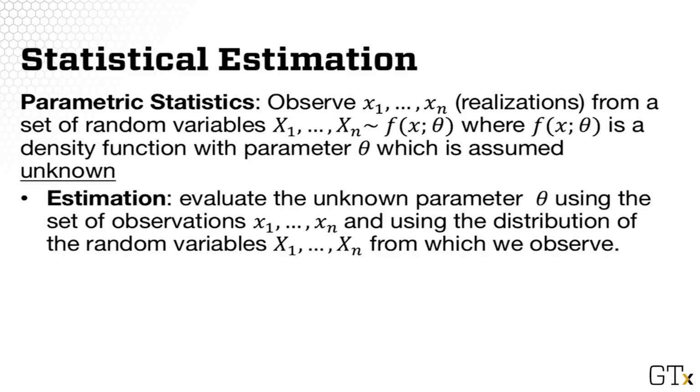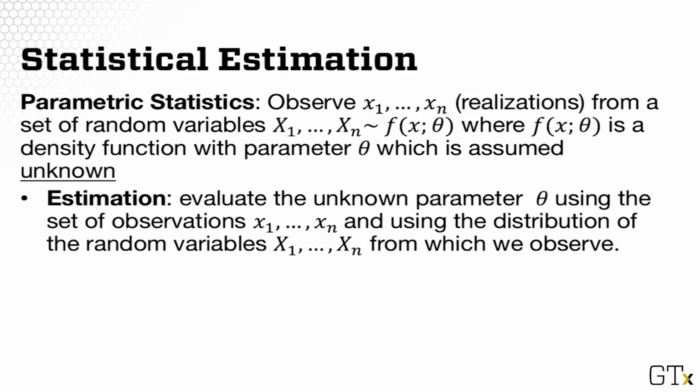The random variables X's are assumed here to have the same distribution, which is f of x with the parameter theta. The distribution is known up to the parameter or vector of parameters theta. Because theta is unknown, we use statistical estimation to obtain approximates or estimates for theta that are accurate and or precise with respect to the true parameter.